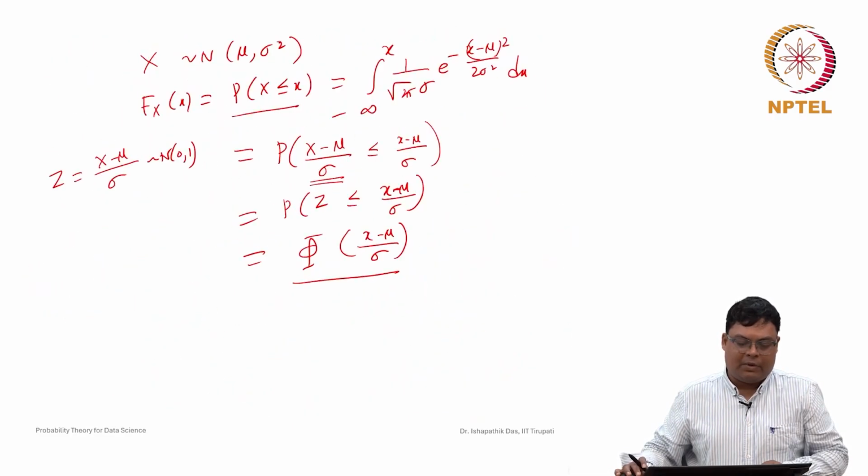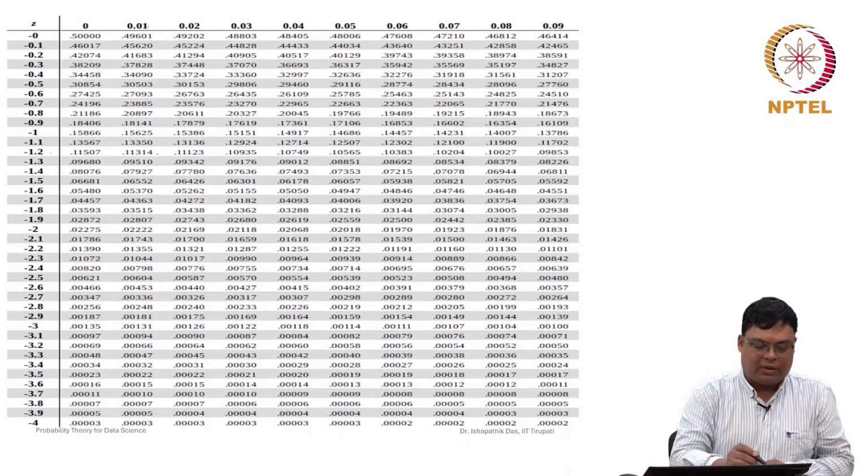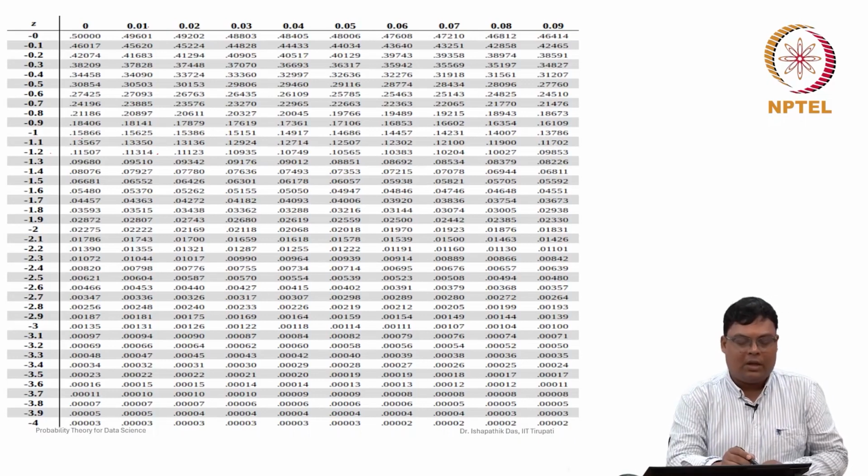From the table you can find minus 1 here, and this value is 0.15866.